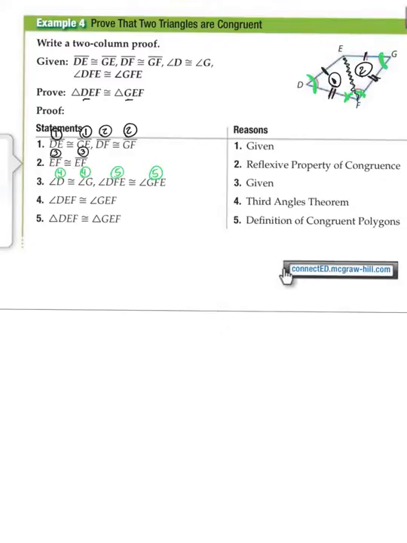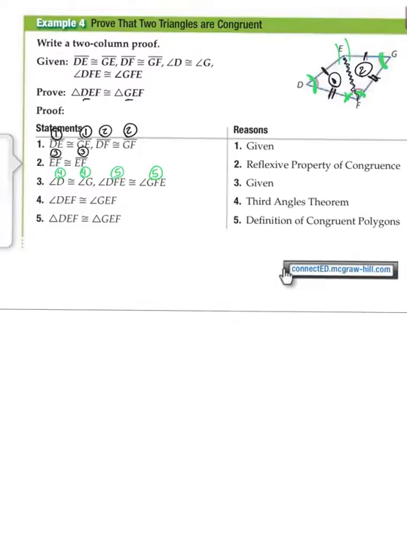Now we have to somehow get these two angles congruent because those are the last of the 6 pieces of the triangle that we have left. Well, luckily in step 3 we're given that 2 angles of one triangle are congruent to 2 angles of the other. So we just learned that fantastic theorem, remember?